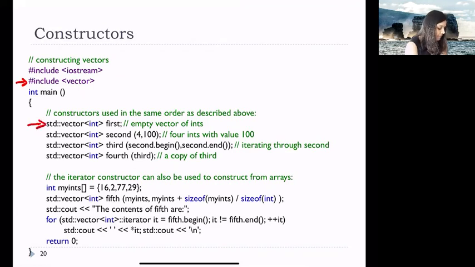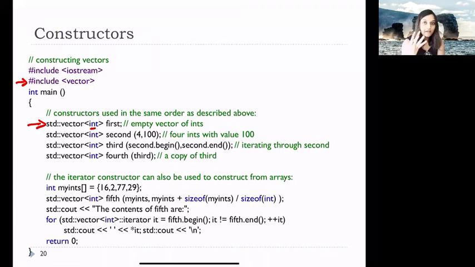In main, let's try to decode what each of these statements does. The first statement, where we are declaring a vector of type int, the vector name is first, and that's it. We don't have any arguments. When we don't have any arguments, it would just declare the vector first, an empty vector of ints.